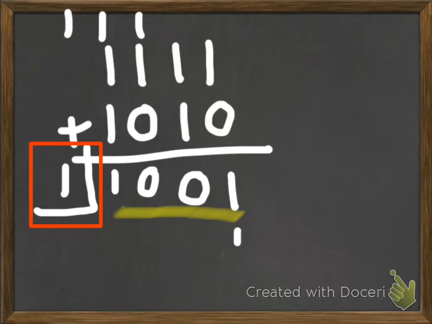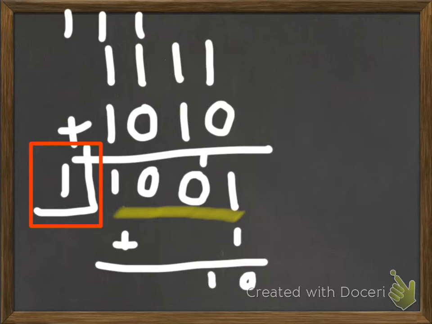If you were to add this 1, it becomes a 1, 0, 1 carries over. And if you know your binary, 1, 0, 1, 0 is in fact 10, so 15 minus 5 is 10. So this result that we get here on the bottom is the correct result we wanted.